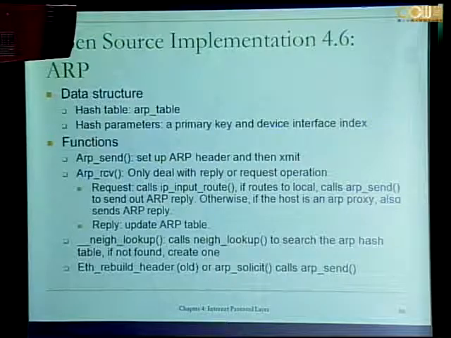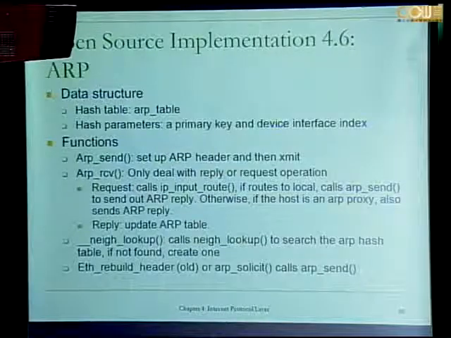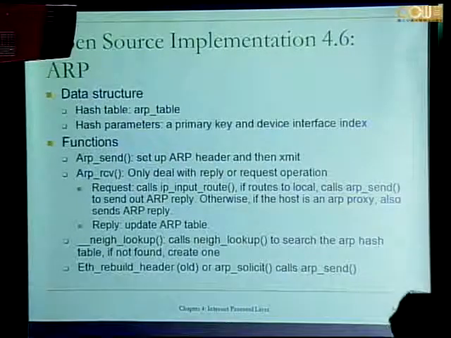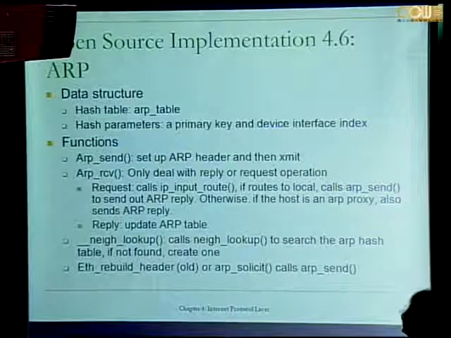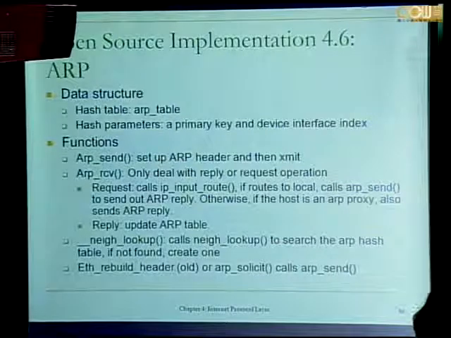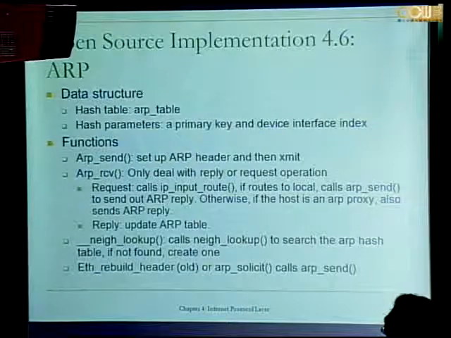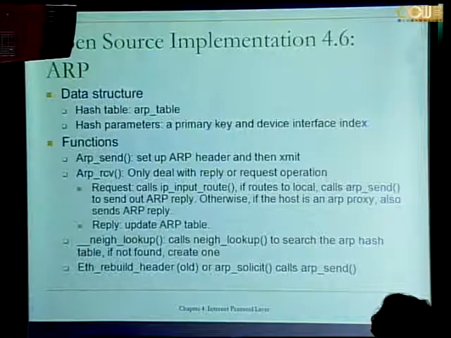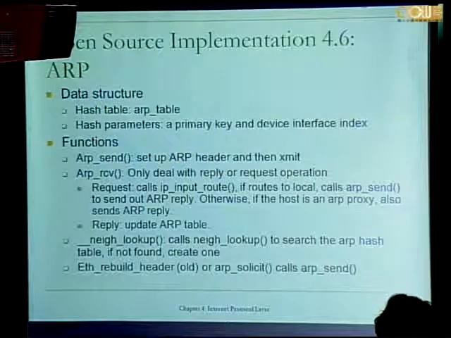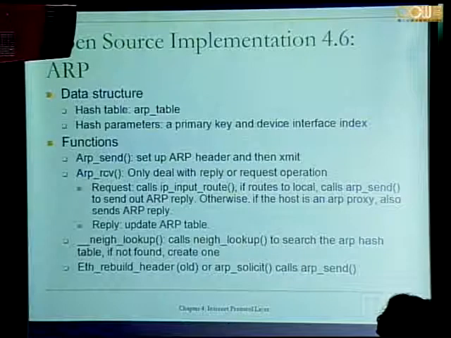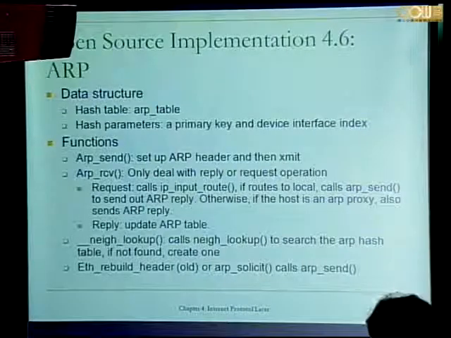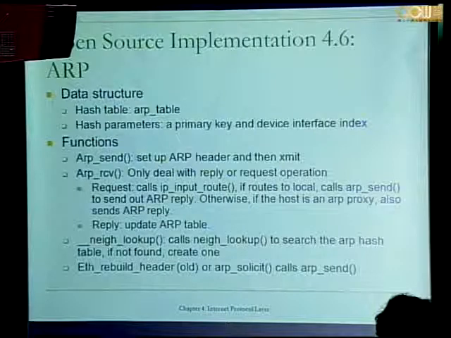Okay, there's a simple implementation in the Linux kernel of ARP, and the data structure is again a hash table, which is called the ARP table. Here you would have several major functions. One is ARP send, another is ARP receive.